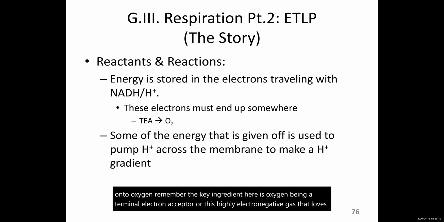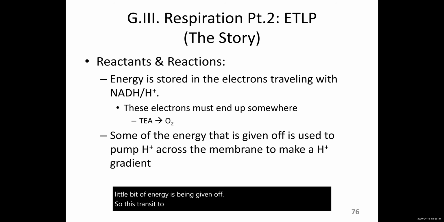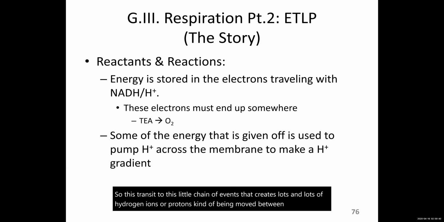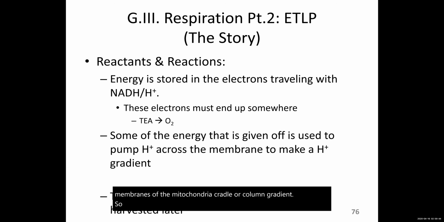It will steal those electrons from NADH ultimately. Now, while these transfers of electrons are occurring, a little bit of energy is being given off. So this turns into a little chain of events that moves lots and lots of hydrogen ions, or protons, between the membranes of the mitochondria, creating what we call a gradient. That gradient then ultimately creates a power source to create more ATP.